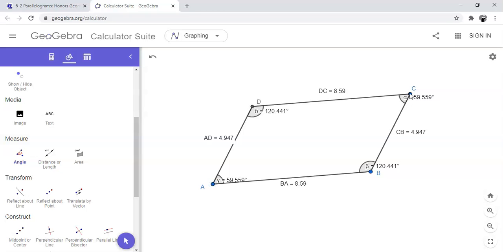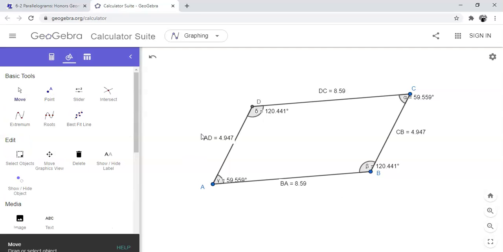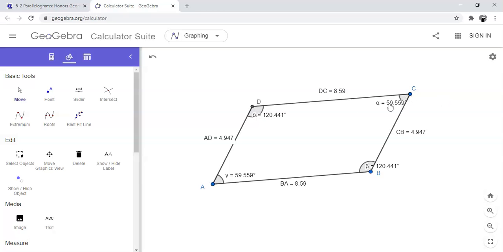Okay, so it looks like, this is again a conjecture, just having it in a diagram like this doesn't prove it, but a conjecture we might make is that the angles opposite each other, these are across from each other like B and D, and A and C are also congruent, right? So we might make the conjecture that opposite angles are congruent.